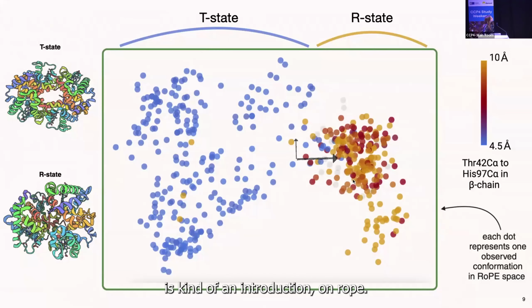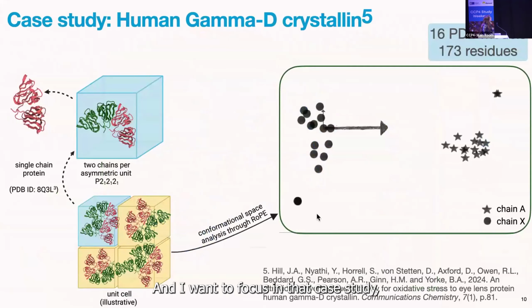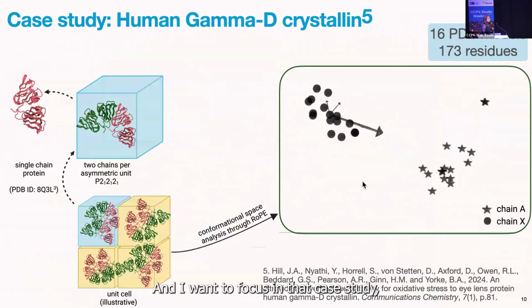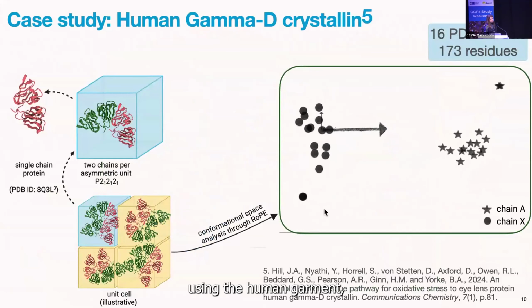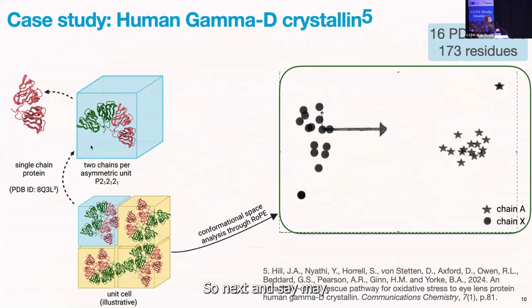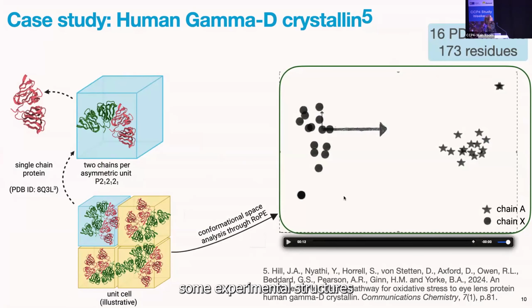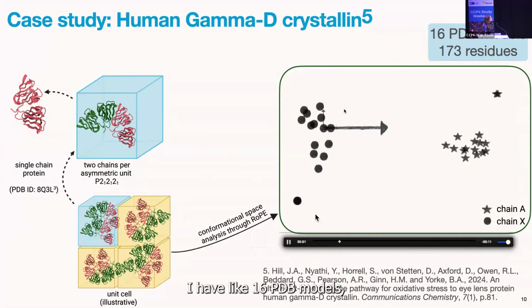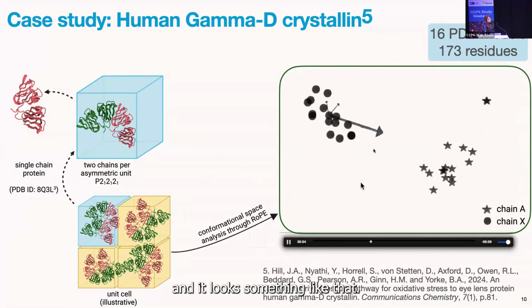So this is kind of an introduction to rope, and I want to focus on a case study using the human gamma-crystallin protein. This is a single chain protein, but in the unit cell it's packed as two chains, chain X and chain A. If I look at some experimental structures of this protein in the rope space, I have 16 PDB models, and it looks something like that.